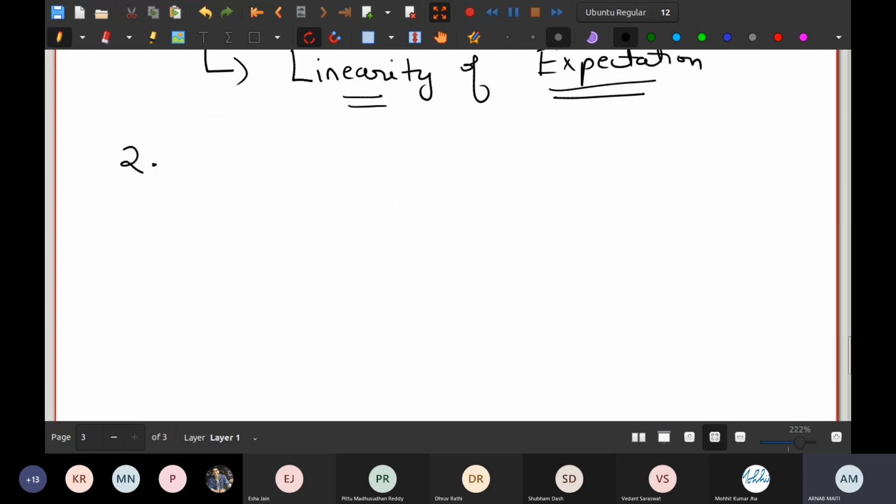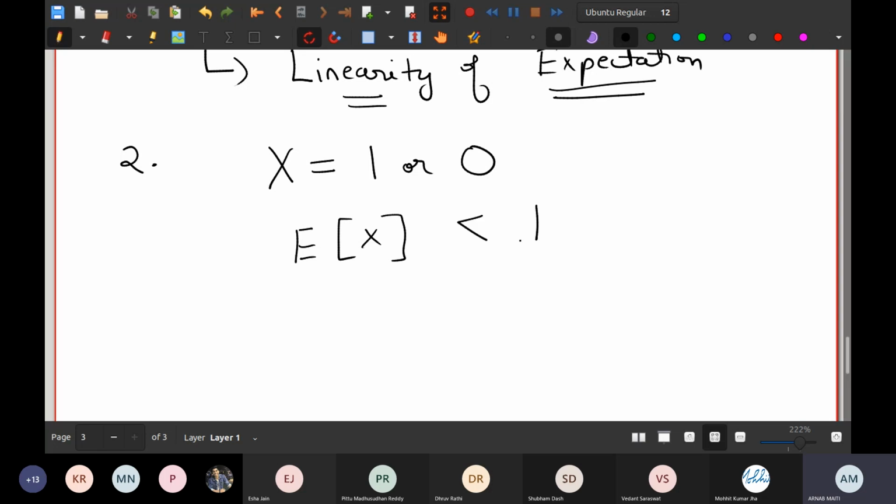The second property is: say you have a random variable x which takes only two values, either 1 or 0. If your expectation of x is less than 1, then what does this imply? This implies that the probability of x equal to 0 is greater than 0.